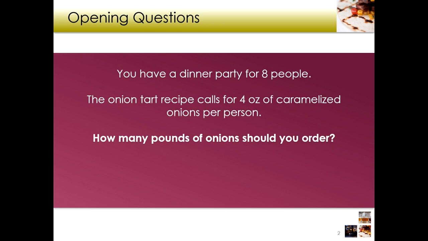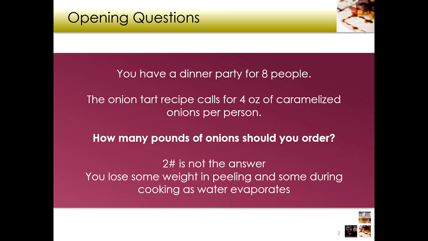So this is where yields comes into play, and we can figure out what our yield is off of onions to get caramelized onions, and then use that to back figure out how many onions we need to order. So 2 pounds isn't the right answer, because you guys have all caramelized onions for French onion soup, I would imagine by now. A lot of onions turns into very little onions, right? So I'm going to show you how we figure this out.